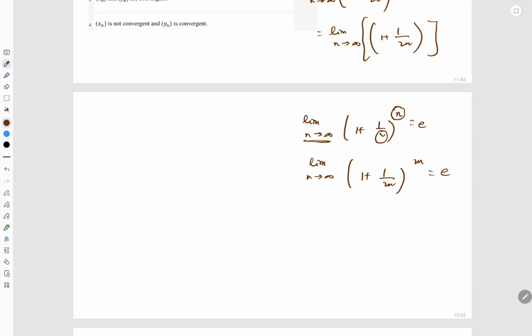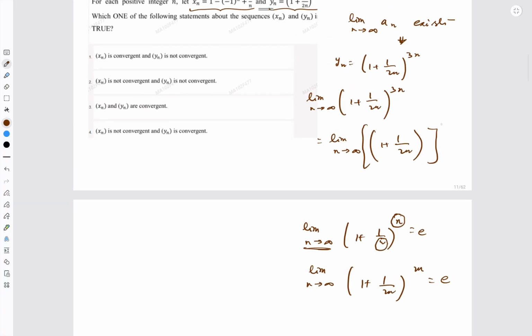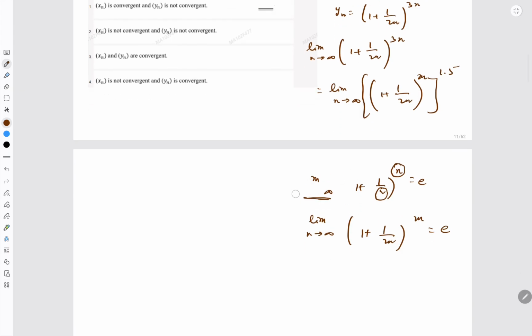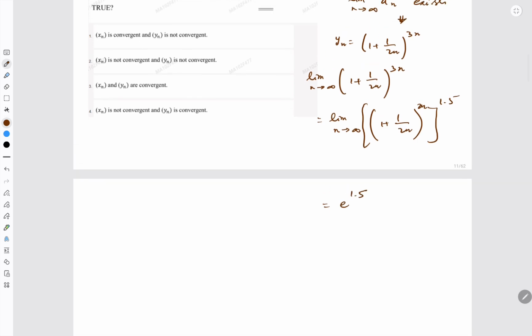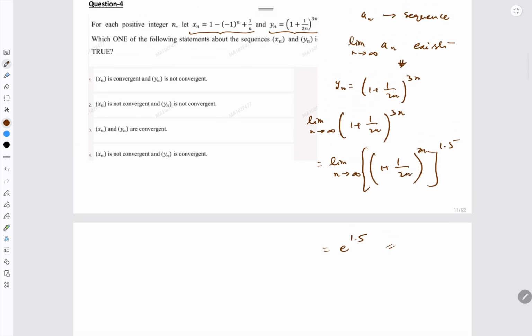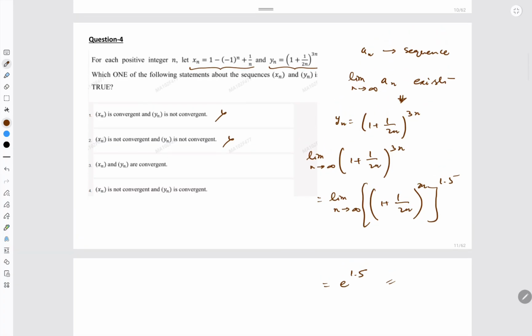So if I convert it into this format, 2n raised to the power 1.5, that is possible, right? So from here you can see that it is e raised to the power 1.5. So it is existing, so y_n is convergent. So this option and this option are already crossed out.